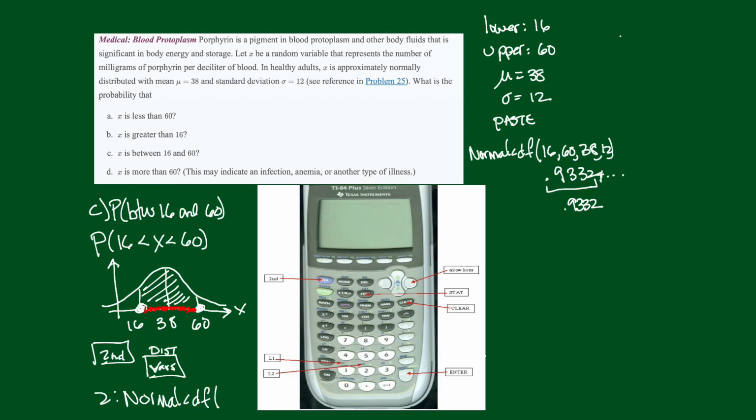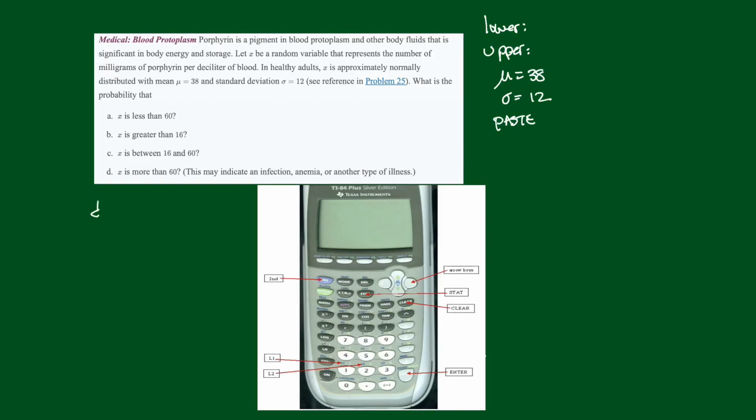So I'm going to claim now that the probability that a person's porphyrin level is between 16 and 60 is 0.9332. Another way of saying it is that there's a 93.3% chance this person's porphyrin level will be between 16 and 60. Or you could surmise that about 93% of the population has porphyrin levels between 16 and 60.